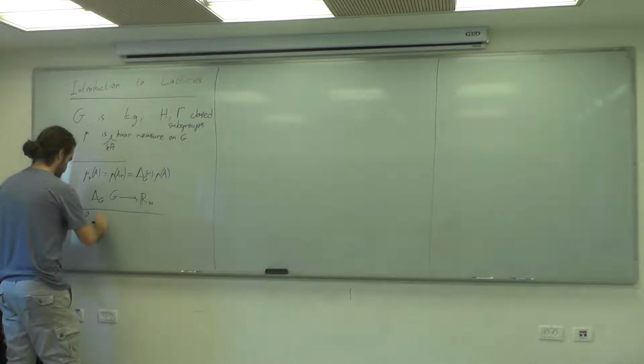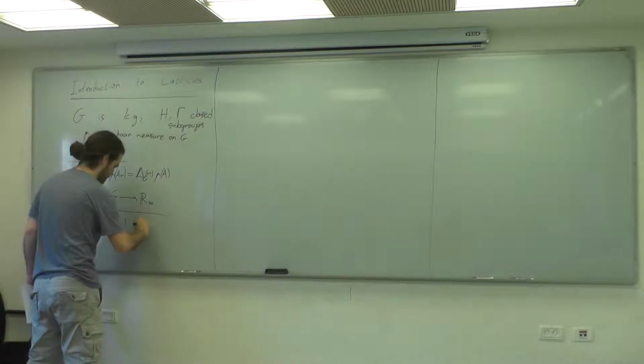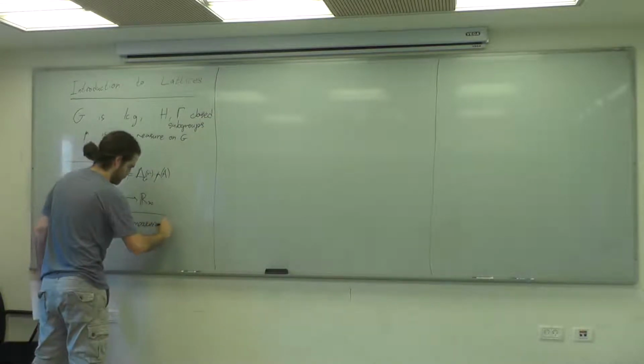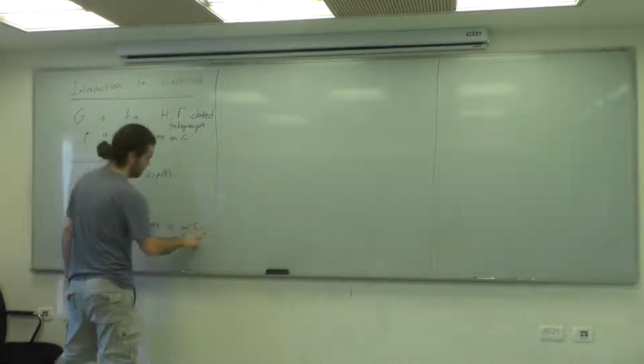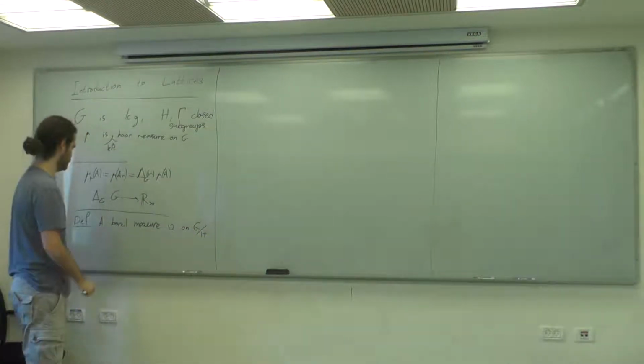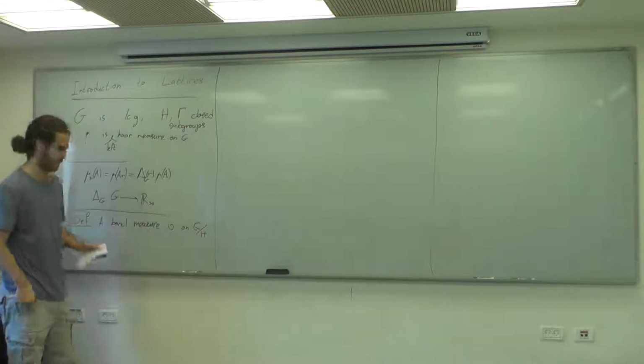A Borel measure nu on G mod H. It's not a group, it's a coset space, a homogeneous space. It's Hausdorff because H is closed.